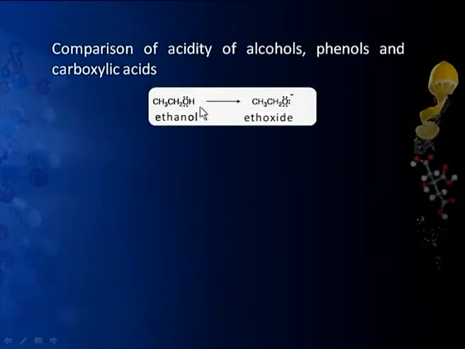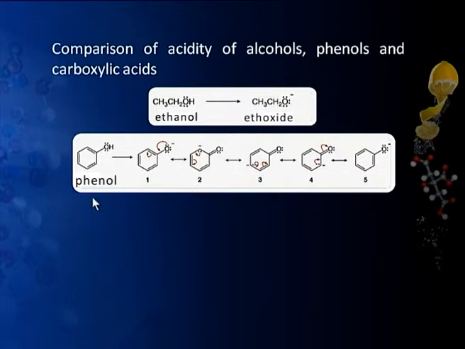Such as this ethanol, which we have taken as an example of alcohol. It dissociates to give the ethoxide ion, where oxygen has the negative charge, and this ethyl group is electron releasing. So, it is not stabilizing this anion. When we compare it with phenol, after dissociation of phenol we get a phenoxide ion, and this phenoxide anion is stabilized by resonance.